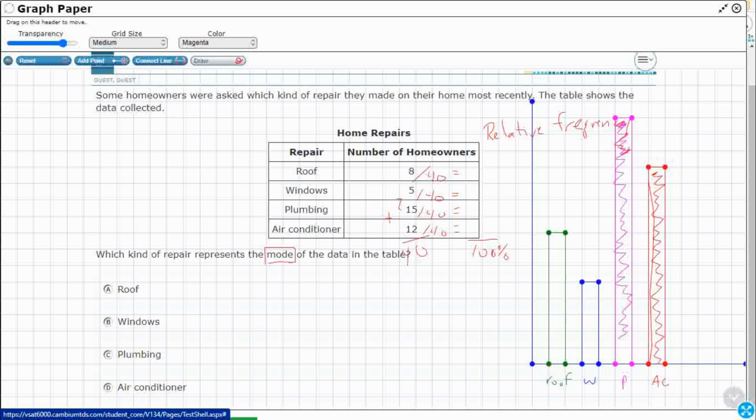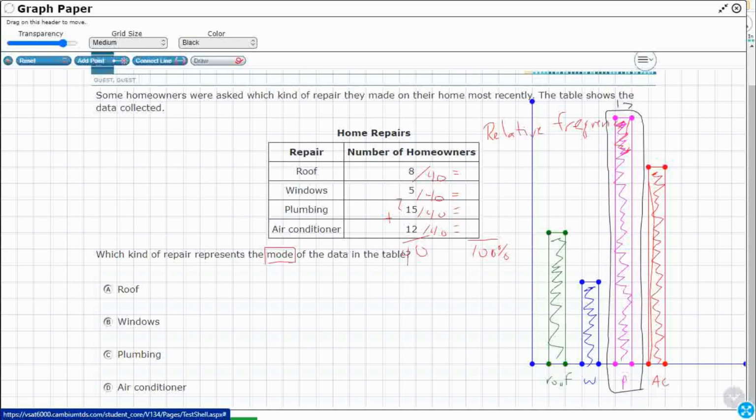And once we know that, that's pretty simple. So we've got our bar graph here, and we can see that the one that is the highest is going to be this right here, this plumbing. That's the highest. Remember, that was the 15.